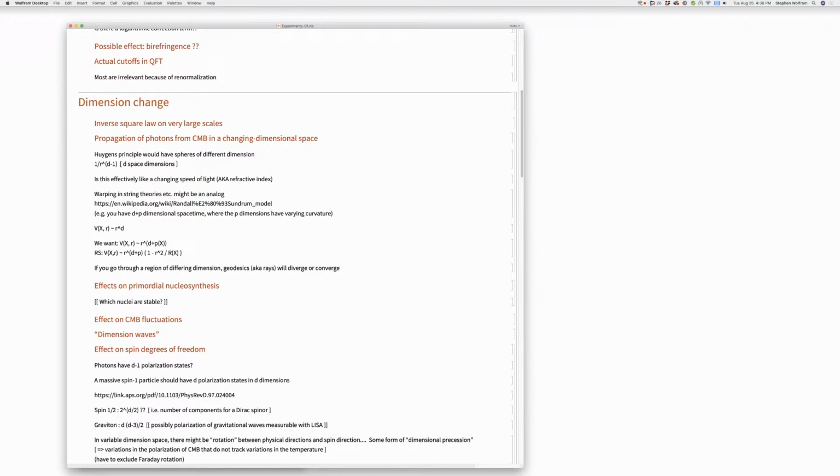I have no idea whether even the proton is reasonable in, let's see, what happens to the pion in varying dimensional space?